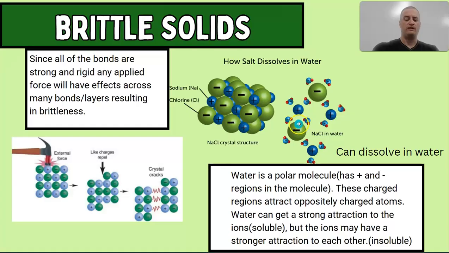So if this can happen, it can pull the ions apart if the crystal has weak enough bonds. So if these are weak enough, this will happen. However, if these bonds in the crystal are stronger than the ability for the water to pull it apart, it'll remain a crystal even in water.